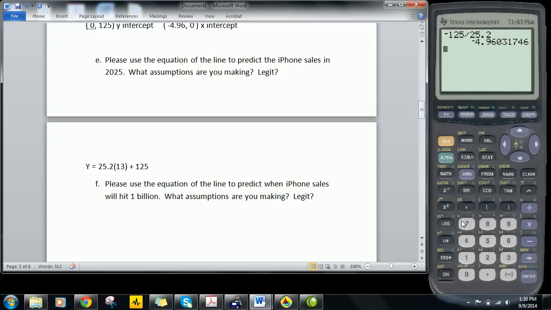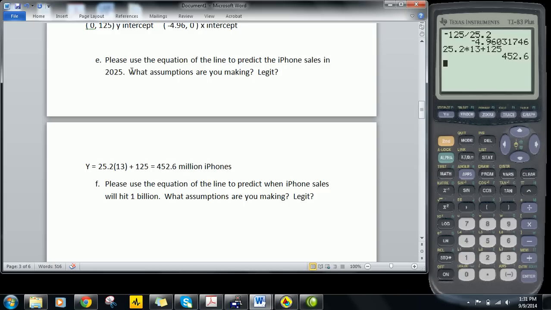And then on my calculator, 25.2 times 13 years after 2012. Basically, every one of those 13 years, I'm increasing 25.2 million iPhones in sales per year. And then plus my original 125 million sales gives me 452.6 million iPhones.